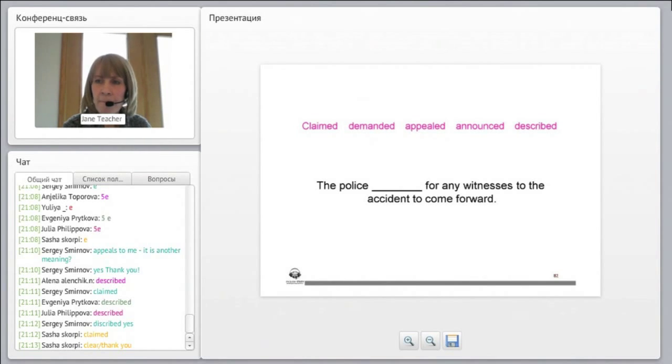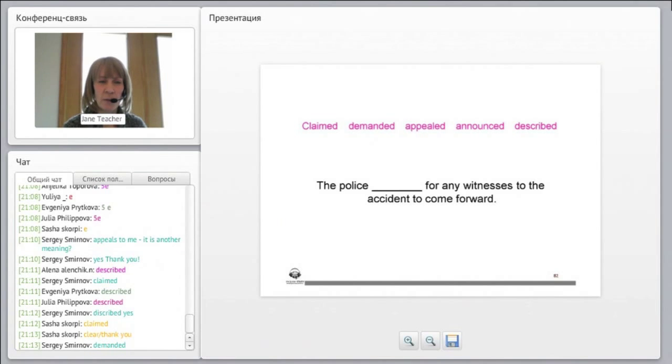Okay. Next one, the police something for any witnesses to the accident to come forward. What did the police do? What would you choose?